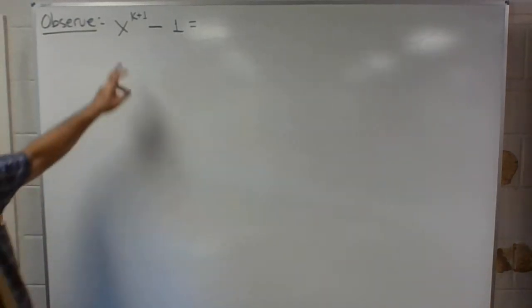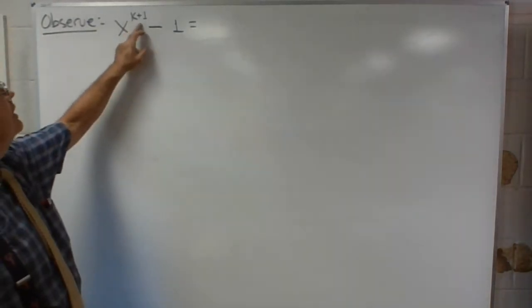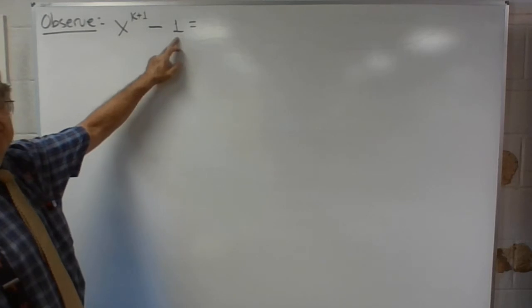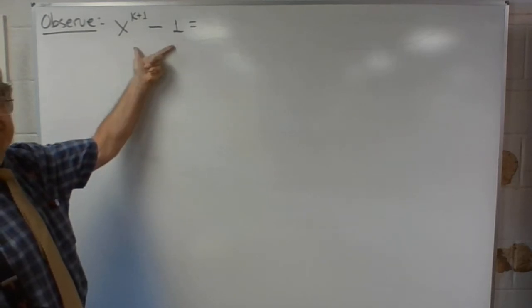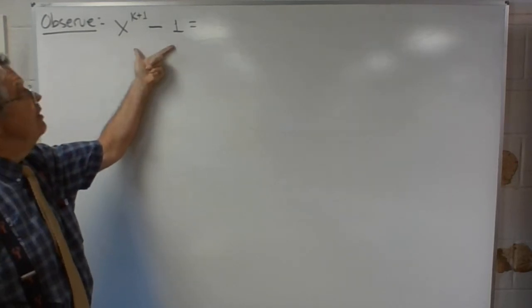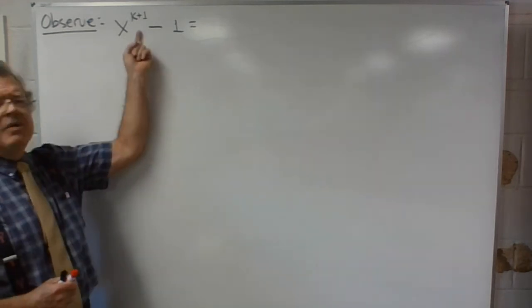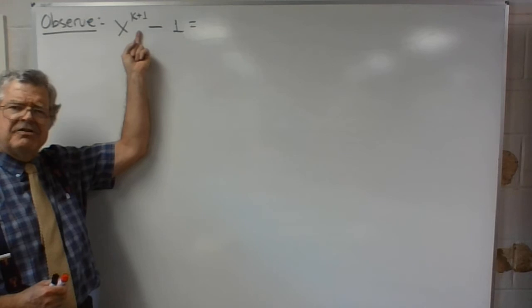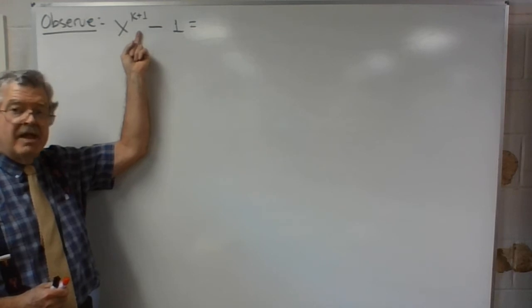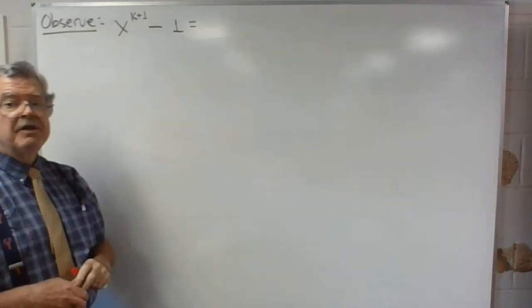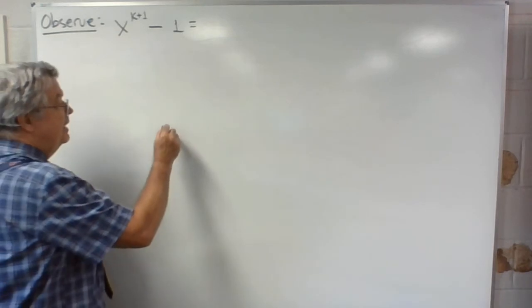Okay, so here we start with x^(k+1) - 1. I have to show that this has a factor of x - 1. And I don't know anything about x^(k+1). I do know something about x^k.